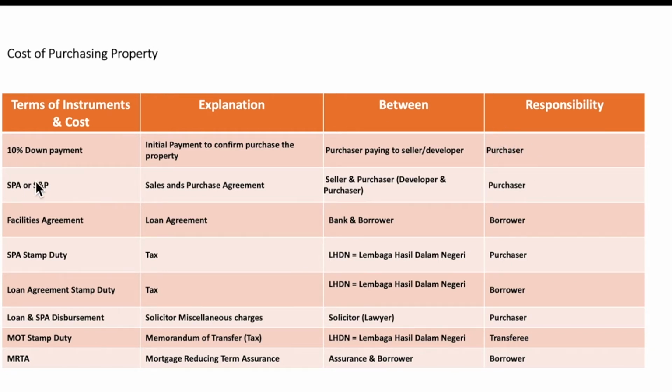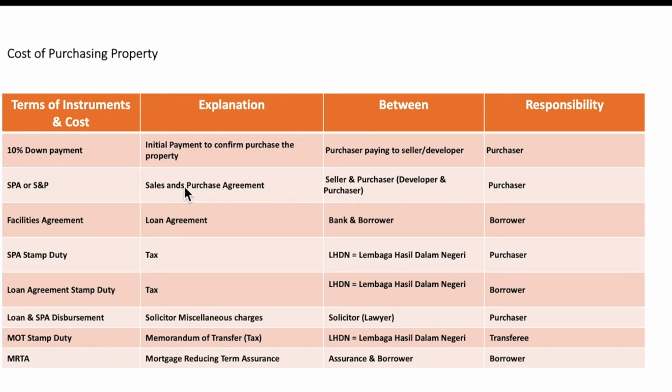Secondly, when you buy a property, you need to have an instrument. You need an agreement binding the seller and the purchaser. We call it, in short, the SPA, the sales and purchase agreement.